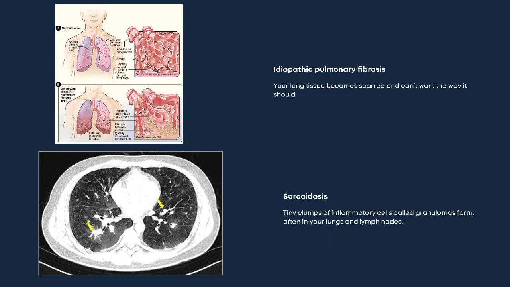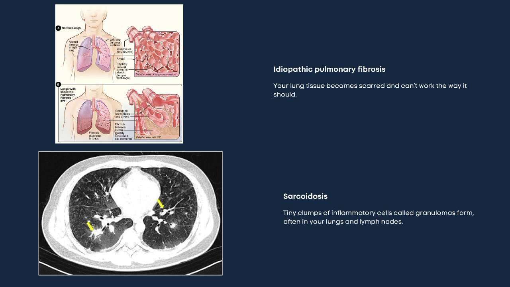Next is idiopathic pulmonary fibrosis. Your lung tissues become scarred and can't work the way they should. Idiopathic pulmonary fibrosis, or IPF, is a condition in which the lung becomes scarred and breathing becomes increasingly difficult.